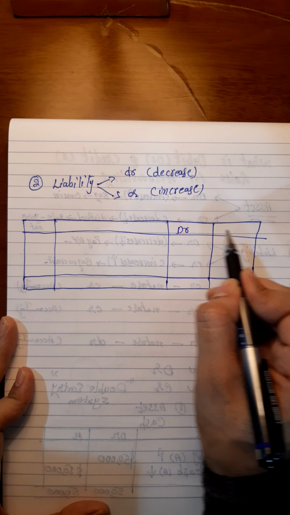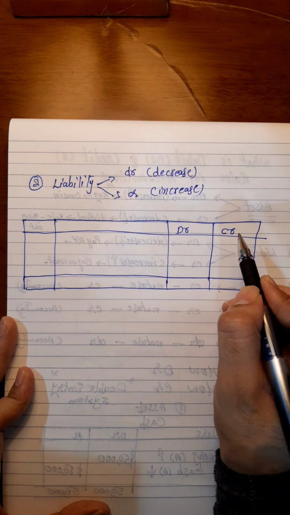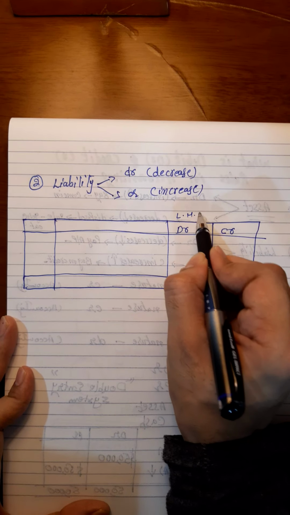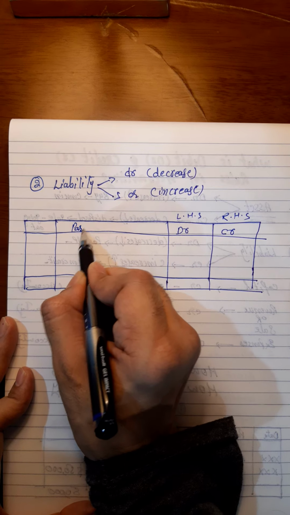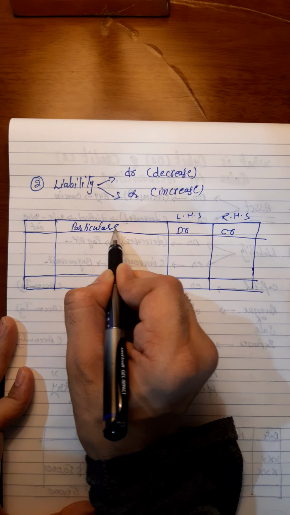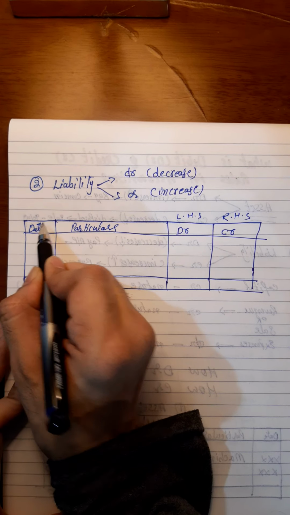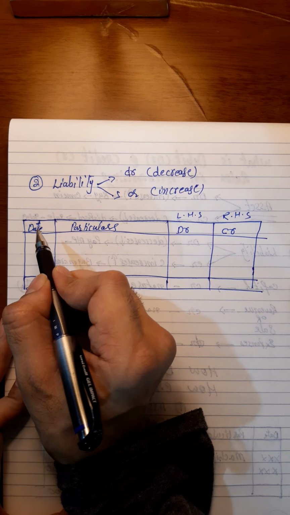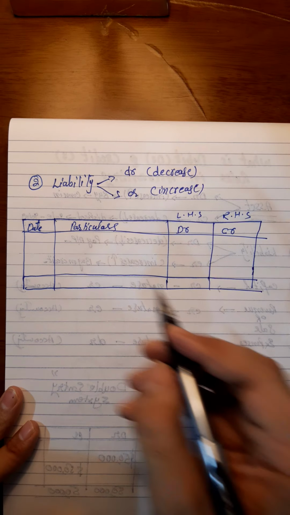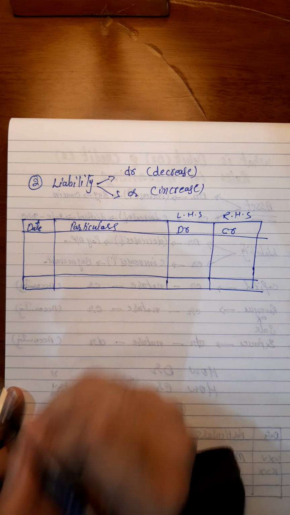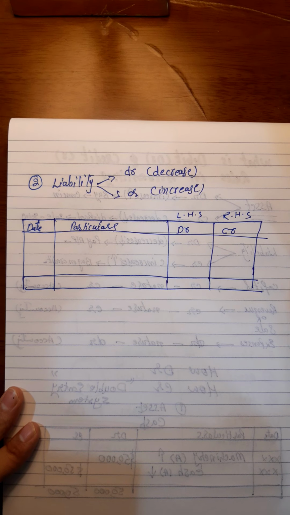Left hand side debit, right hand side credit. Here we will write particulars, here date. Okay friends, now we do an example of liability.